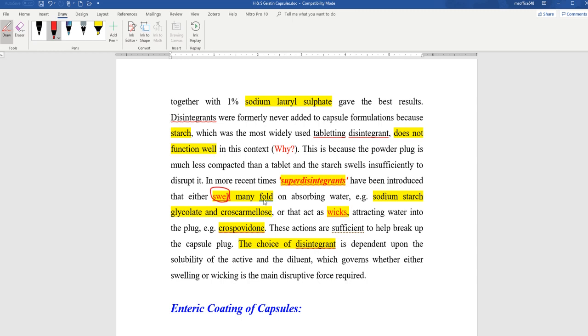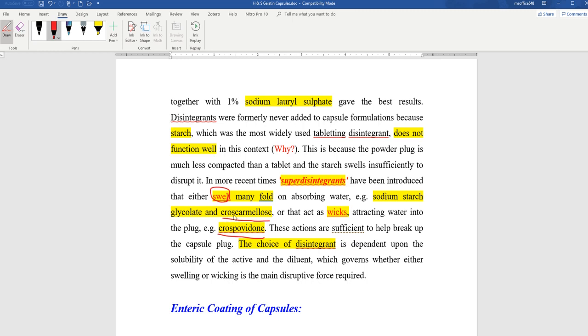Examples of super disintegrants that swell are sodium starch glycolate and cross carmelose. And an example of those super disintegrants that wick is cross povidone. Now pay attention to cross carmelose and cross povidone. Cross carmelose is actually short for cross-linked carboxy methyl cellulose.